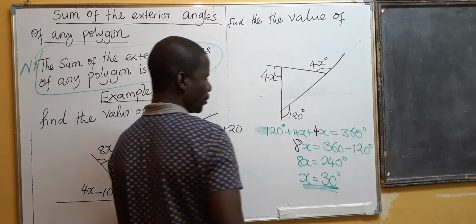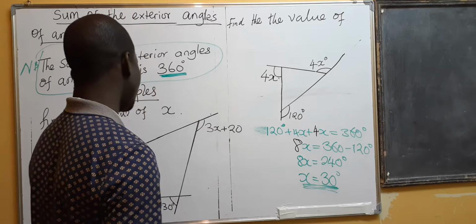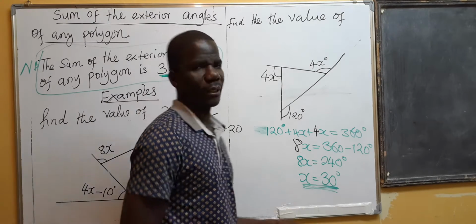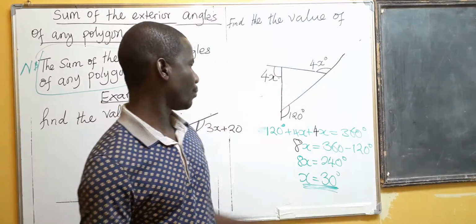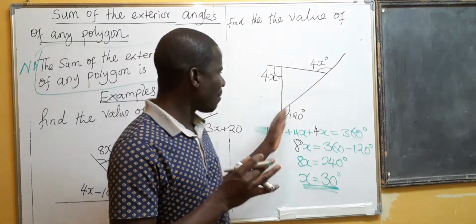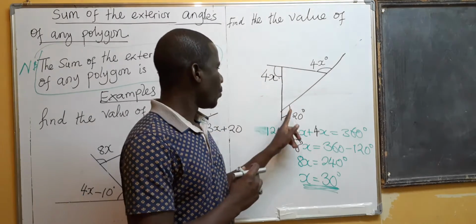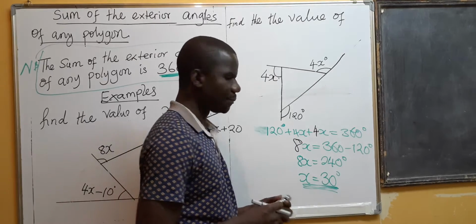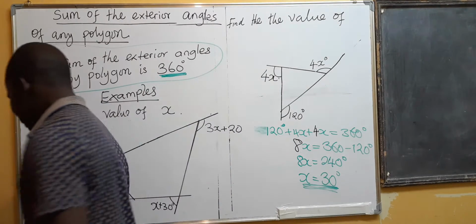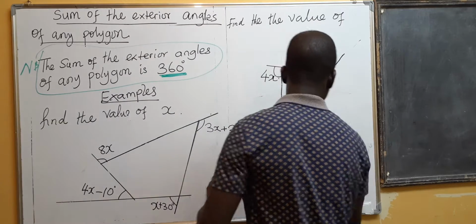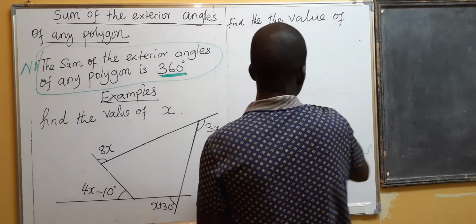So this is what we are going to get here. Please take note of that. When we are dealing with the sum of the exterior angles, those angles that are outside, it's 360. So let's move on to the next one.